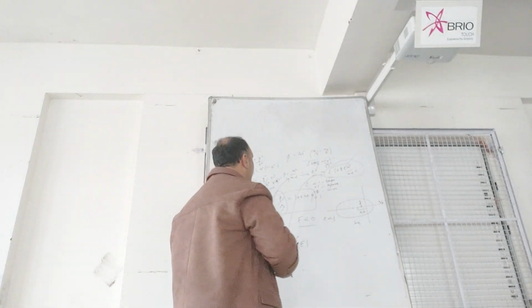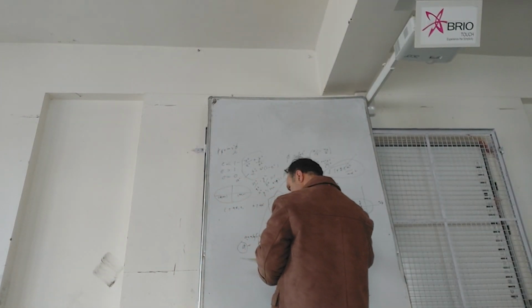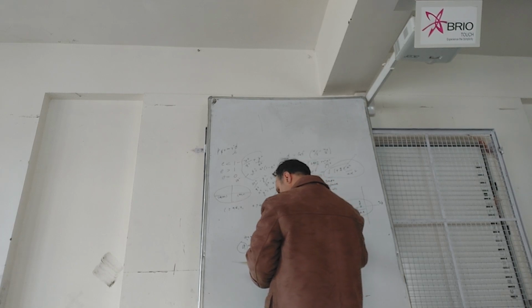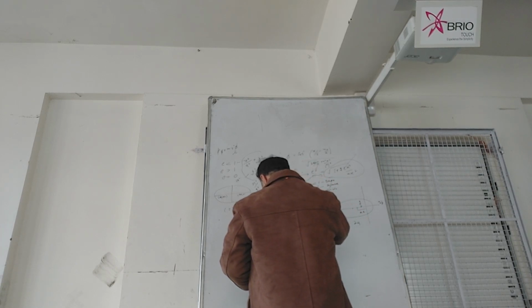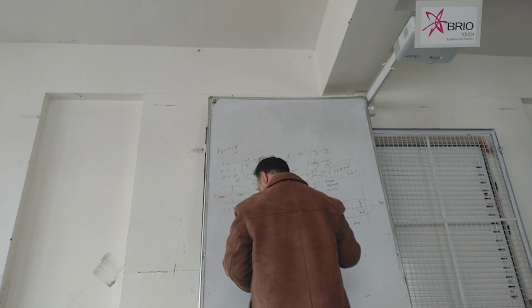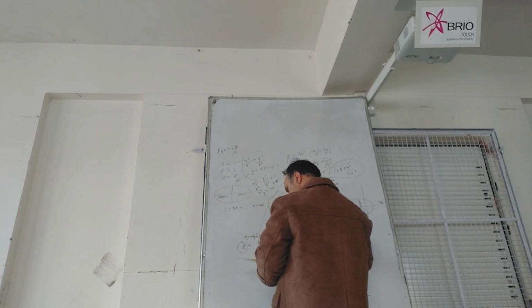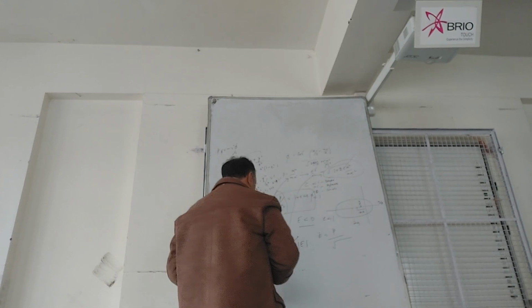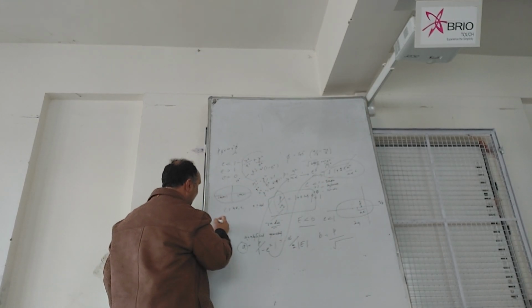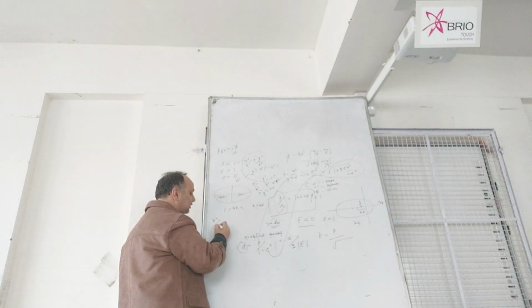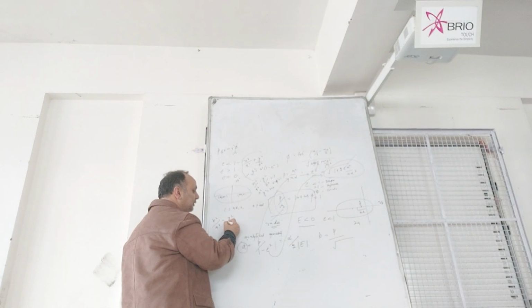In the same way, B can be written as B by root of. So here, if you remember in the class, this was the equation of the ellipse: x square by a square plus y square by b square.